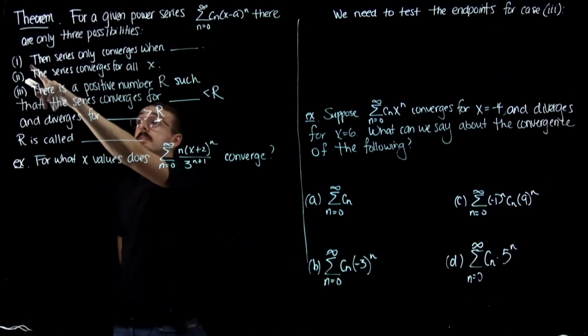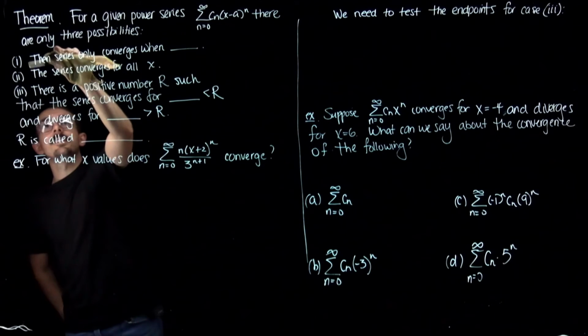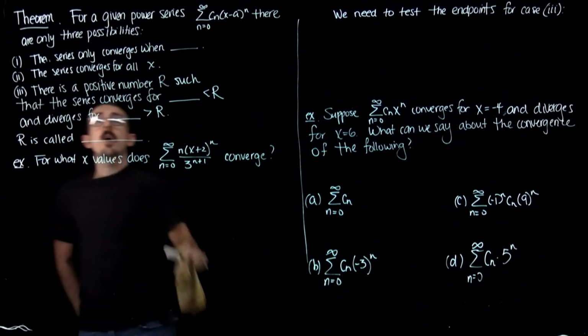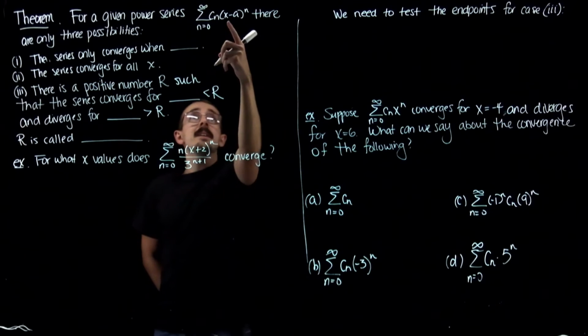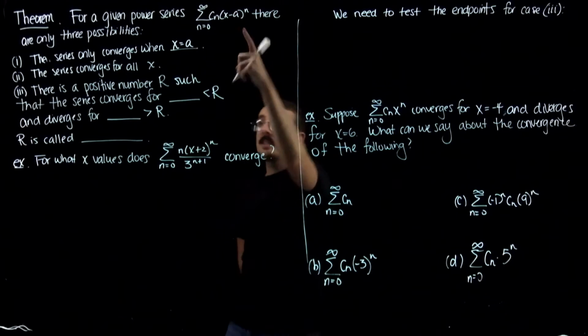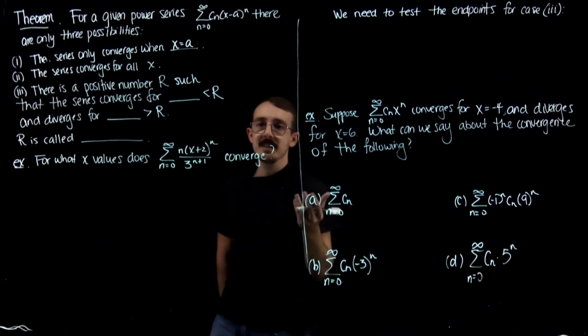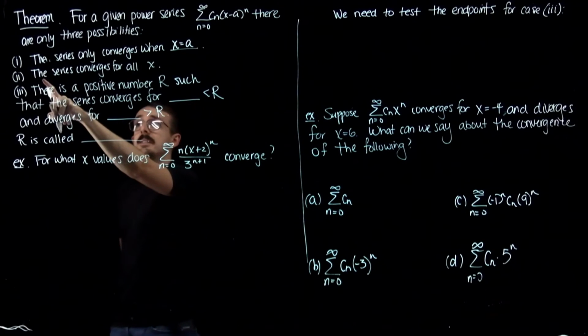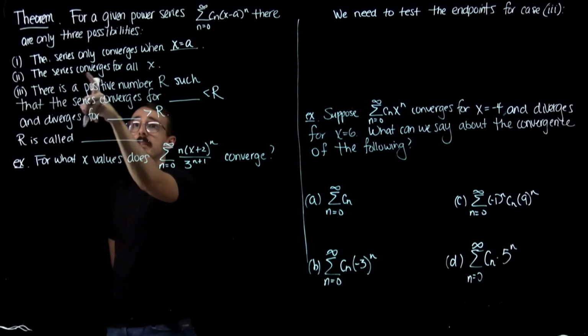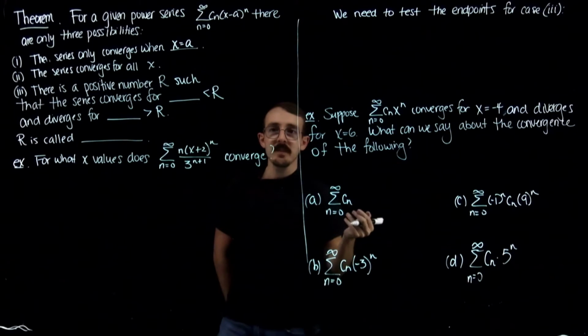So the first case here is that the series only converges when x is equal to the center A. So this is case 1. We saw that with the very first example I did in this lecture. Case 2 is the series converges for every single x, and we saw that for example 2 in this video.